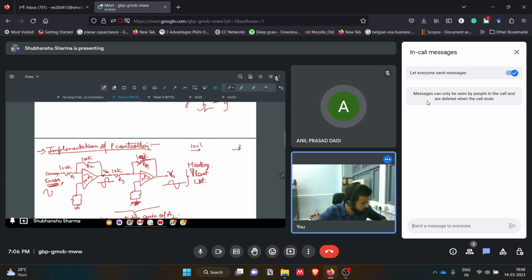Beyond that, it will get switched off. So our signal, let's say, is 75 degrees Celsius, so the error signal will be 25 degrees Celsius. That is like 0.1 volt based on this, so it will be 2.5 volts. So we are giving 2.5 volts.